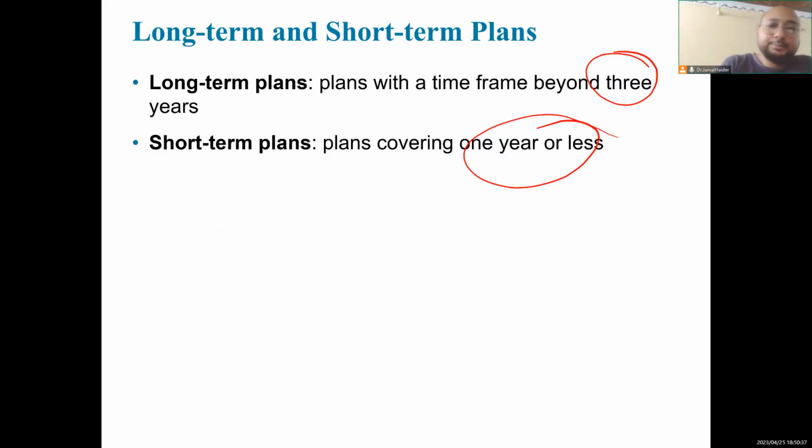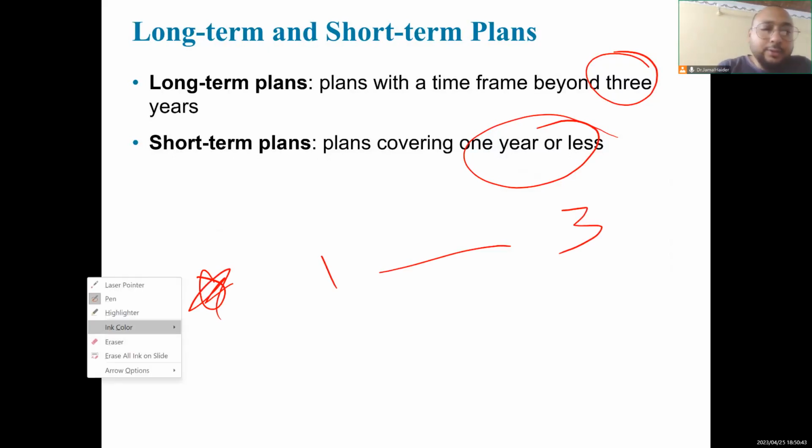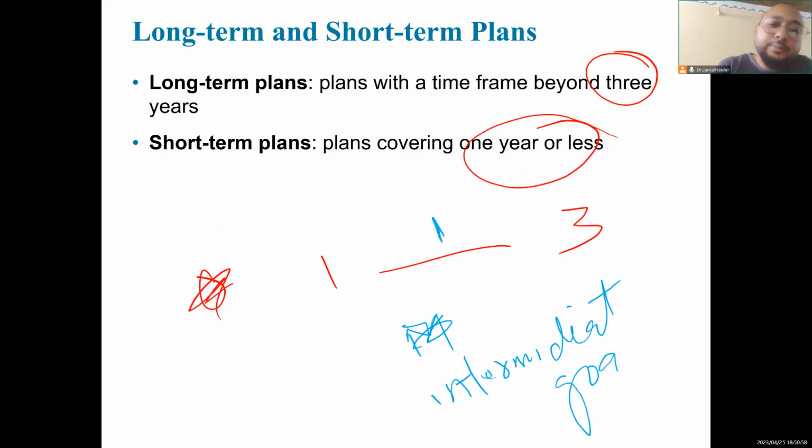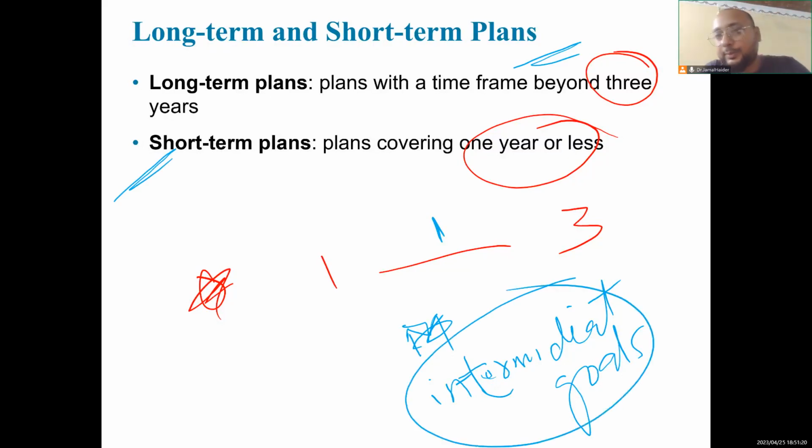And any time that is in between, we call this intermediate goal. So a long-term plan in an organization is one that goes beyond 3 years. A short-term plan is 1 year or less, and in between, we call this intermediate.